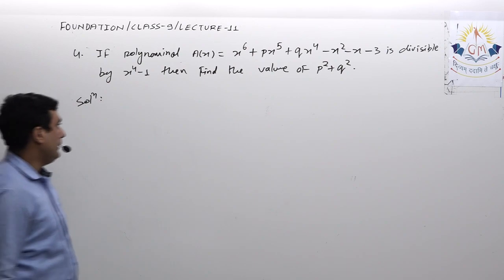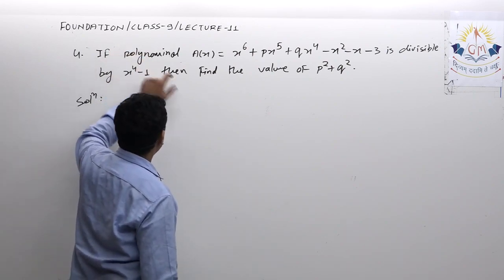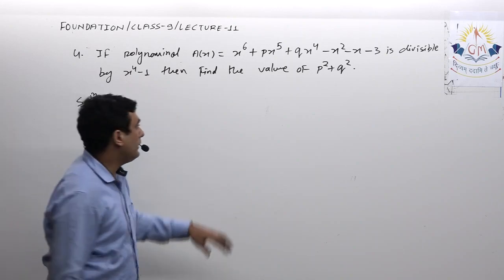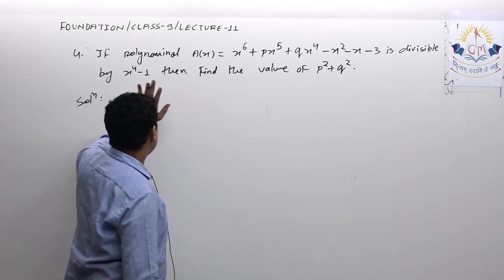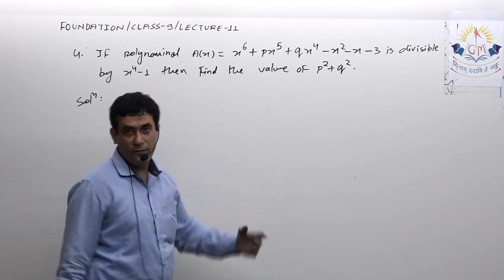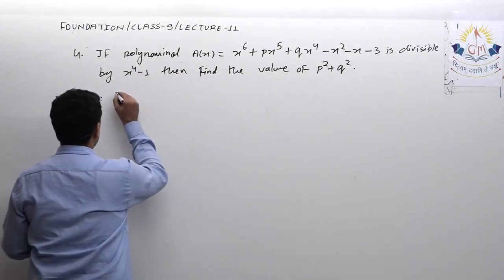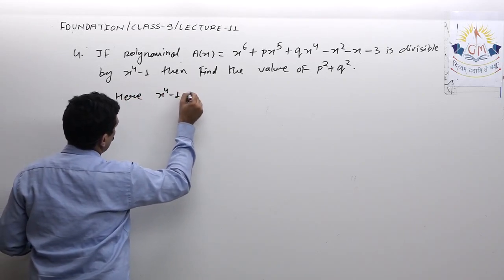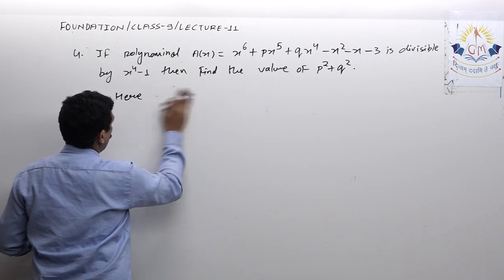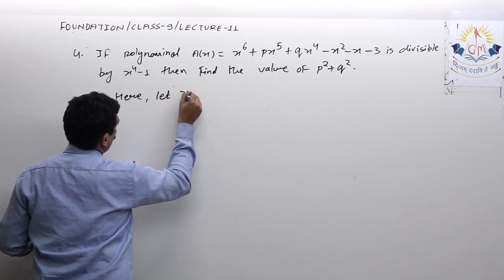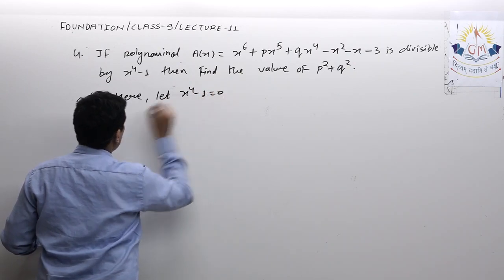Okay, now let us see. It is given the polynomial is divisible by x raised to 4 minus 1. That means the remainder when we divide the polynomial by this will definitely be 0. So first of all, let x raised to 4 minus 1 equal to 0.